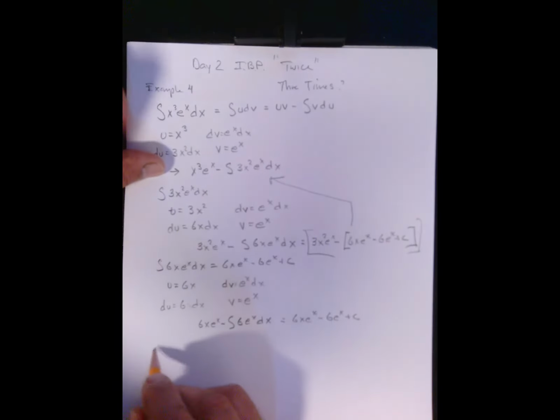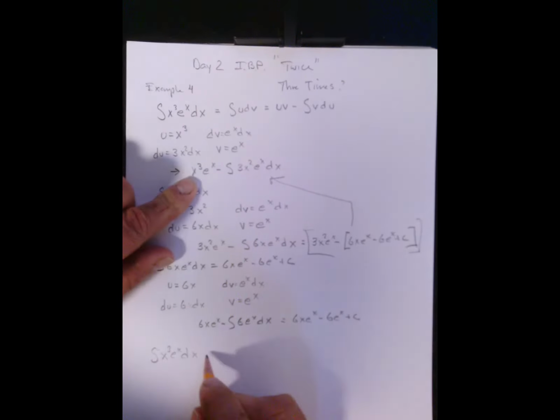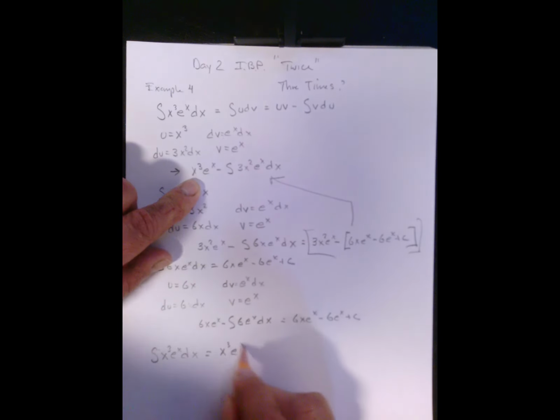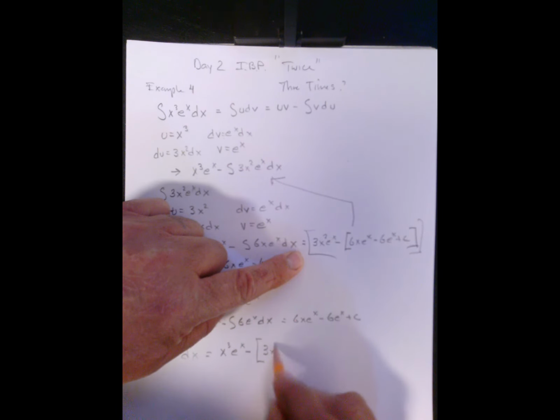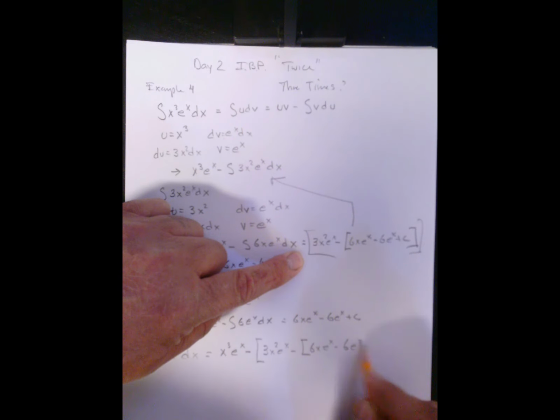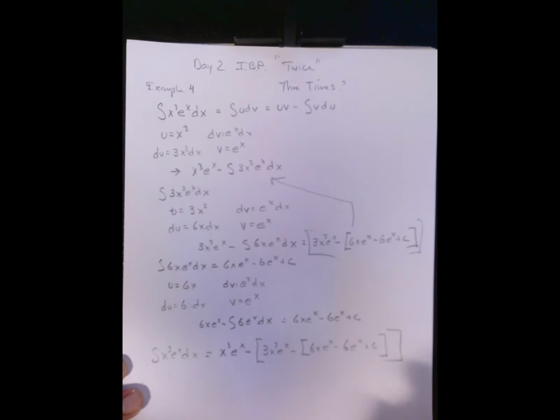I'm going to do that down here, and I'm going to sum up saying the integral of x cubed e to the x dx equals x cubed e to the x minus this thing which was so hard to find, in this case, and I've taken a second to check all that.